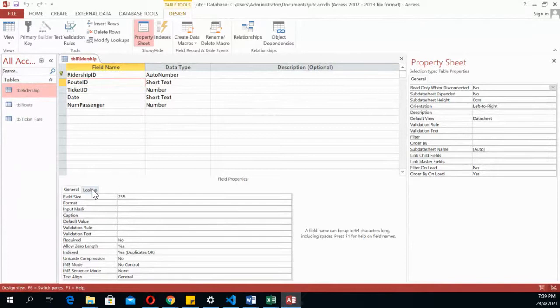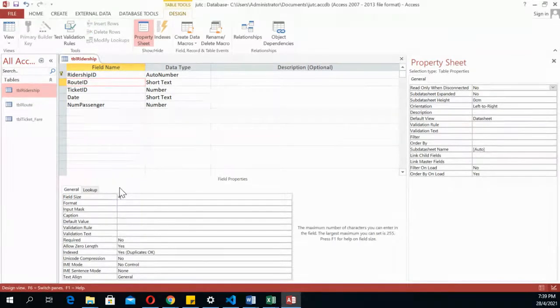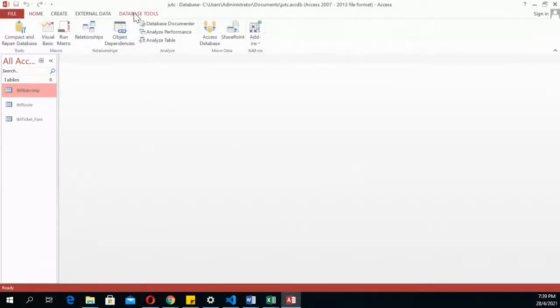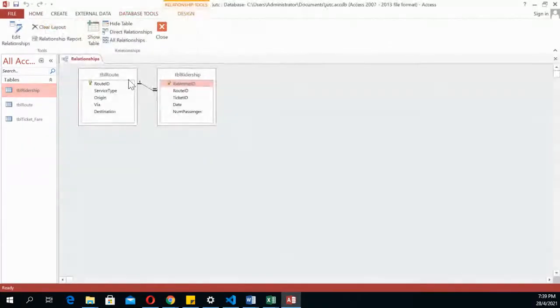All right, so route ID, just change this to 4. Because there is some issue with the relationship, I have to close the table and remove the relationship.